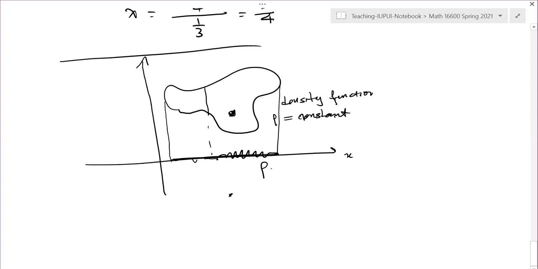So you get this density function, and it is actually the length of this segment at the point x. The density function is the length of this.